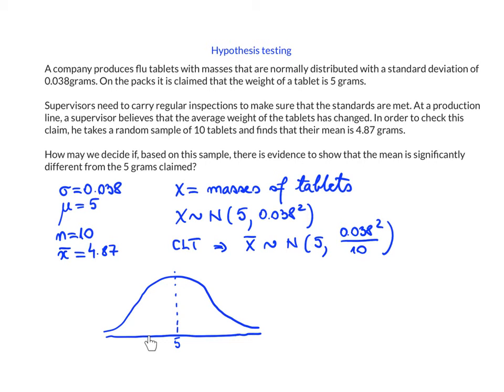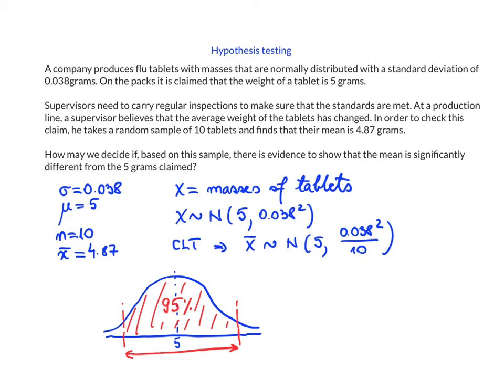So what I'm going to do is I'm going to consider that that's a really odd sample if it lies outside the 95% confidence interval. So I'm going to decide, and this is my decision, that if my 4.87 is within this 95% of all the samples, then it's a good sample and I will accept the claim that it's 5 grams a mean.